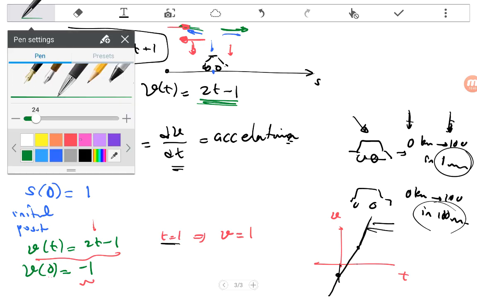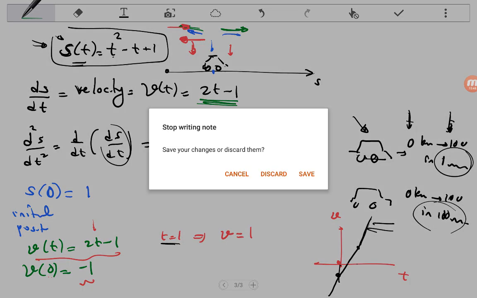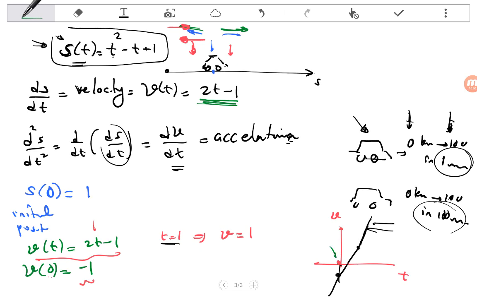Now, just inspect that graph. At time 0, the velocity was negative, so it is going in the left direction. As time goes on, at some point the velocity became positive, so it changes direction.